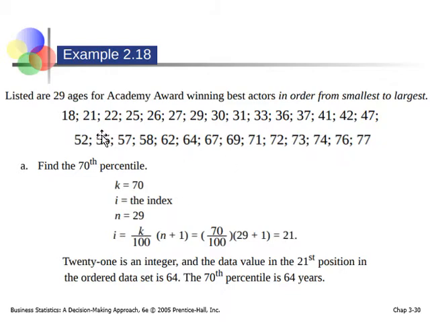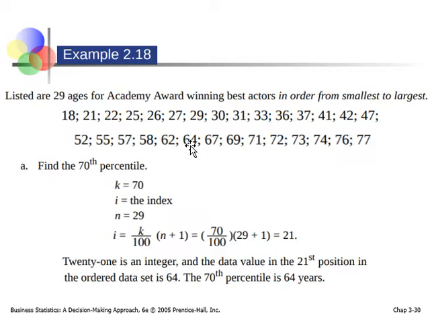Now, let us count. 1, 2, 3, 4, 5, 6, 7, 8, 9, 10, 11, 12, 13, 14, 15, 16, 17, 18, 19, 20, 21. So this is the value in the 21st position or the 21st index, which is 64.